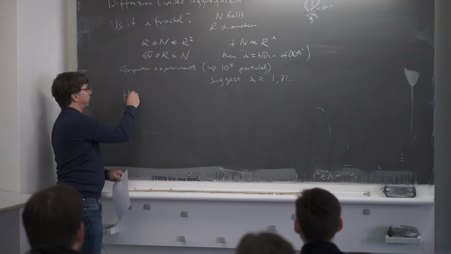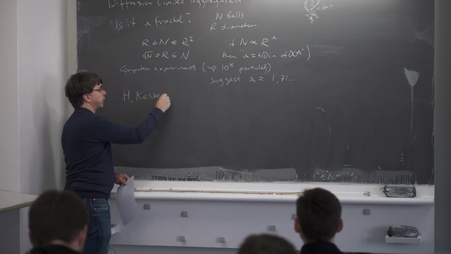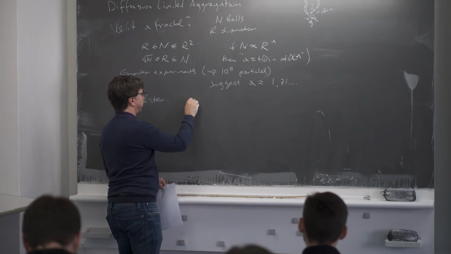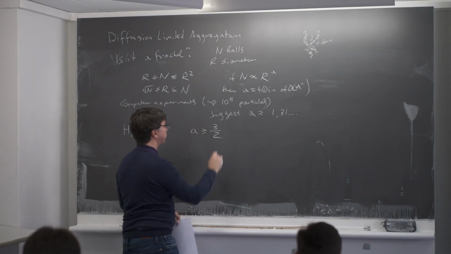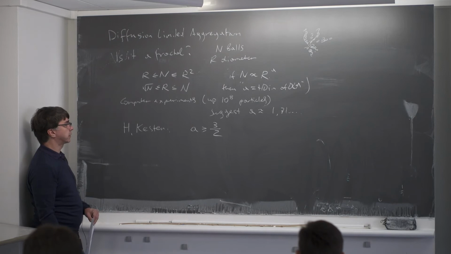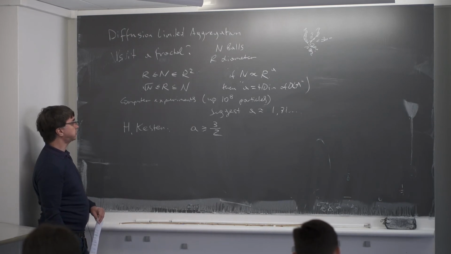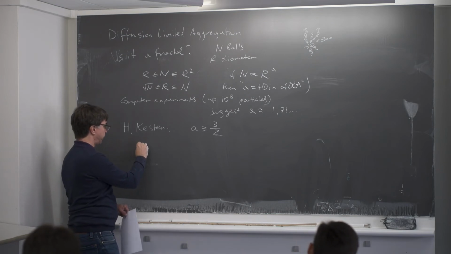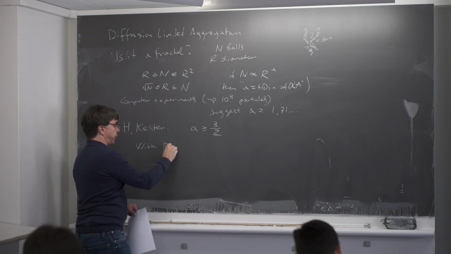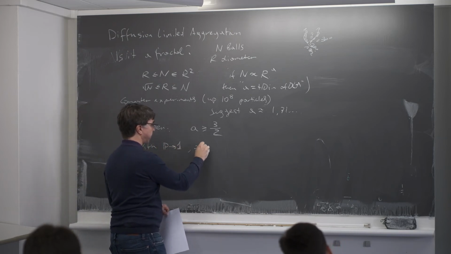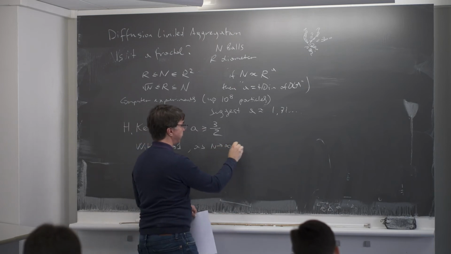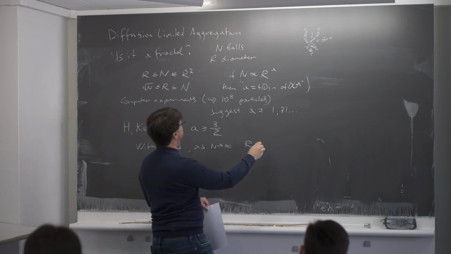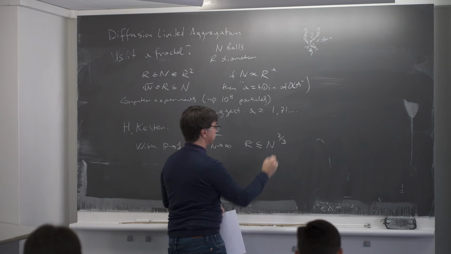Now, Harry Kesten's theorem says that a is at least 3/2. Basically, it says that with probability tending to 1, as n goes to infinity, r, or the expectation of r, or anything, is no more than n to the power 2/3.